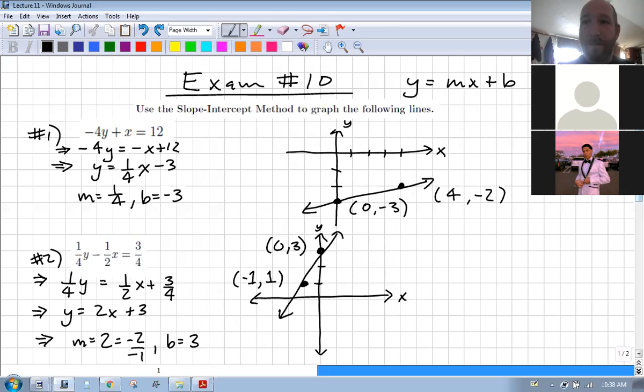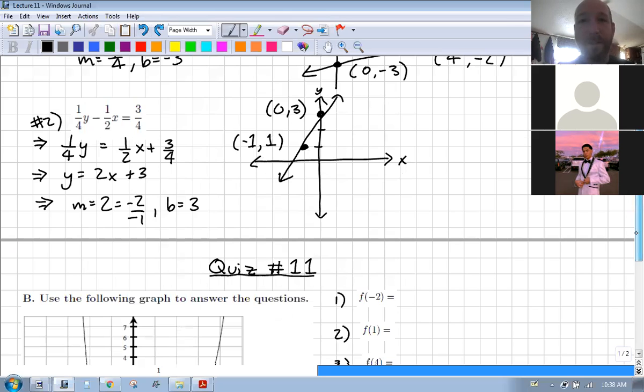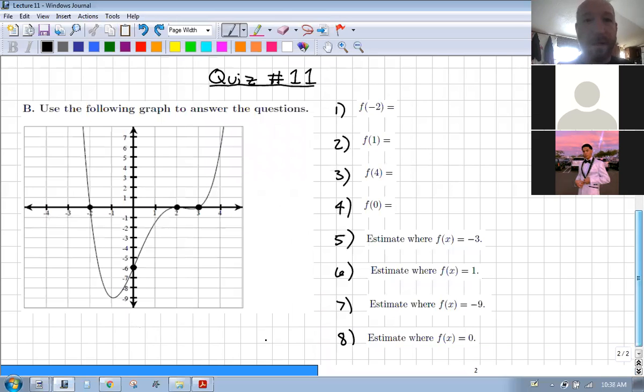All right, let's check out the quiz here. Here's your graph. All you're doing here is you're looking at the points and figuring out which is the x and which is the y. This one here, -2 is the x. What's the corresponding y value?